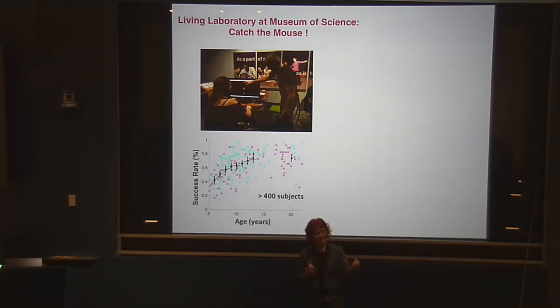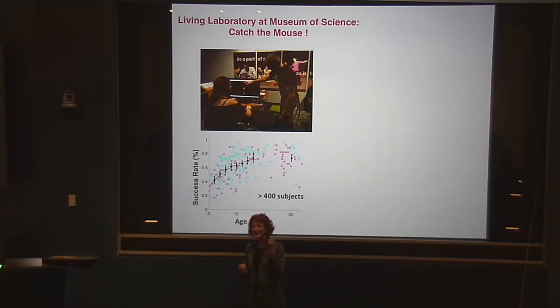Now, we're still in the middle of doing that, but on the side, we had one other interesting project that created a whole bunch of, call it, normative data. In order to test the validity and engagement of our suite of experiments, we took the opportunity at the Museum of Science in Boston to do one year of data collection, which also was an outreach activity to tell the public what we are doing and invite them to participate.